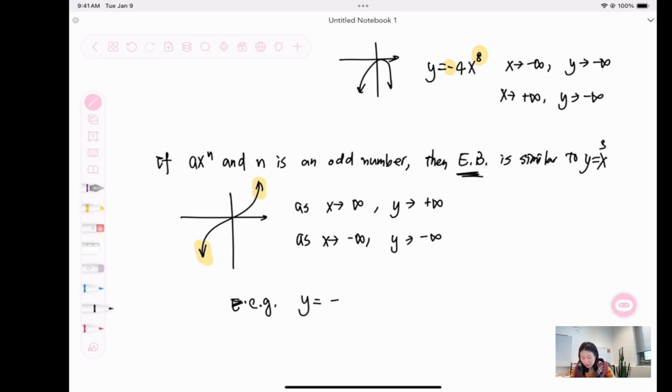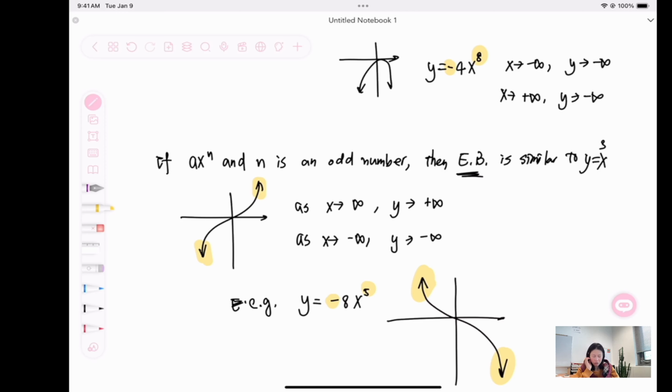Well, for example, if y equals negative a x to the 5th power, then since it's a 5, it's going to be similar to a cubic function. And with a negative, this is going to be reflected over the x-axis. So when we're talking about end behavior, we're talking about these two parts.